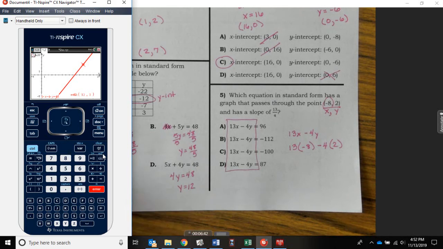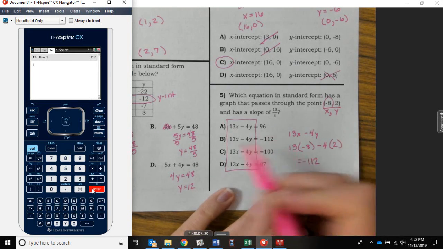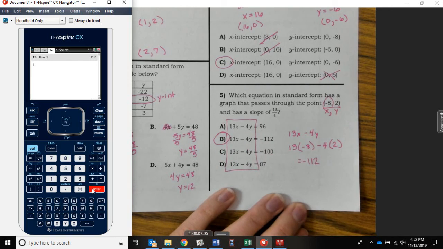And then I'm going to go to a calculator page and type it in. So on the calculator page, I have 13 times negative 8 minus 4 times 2. And I get negative 112, which means B was my answer.